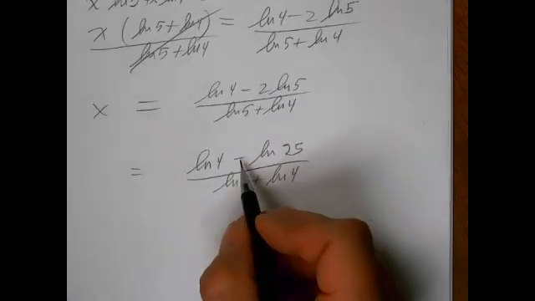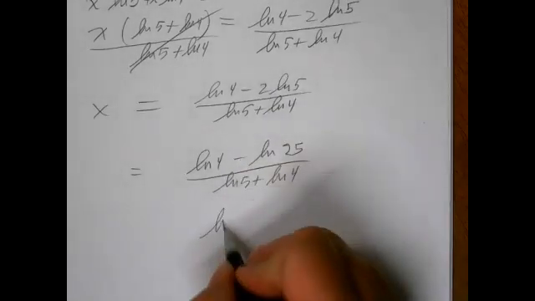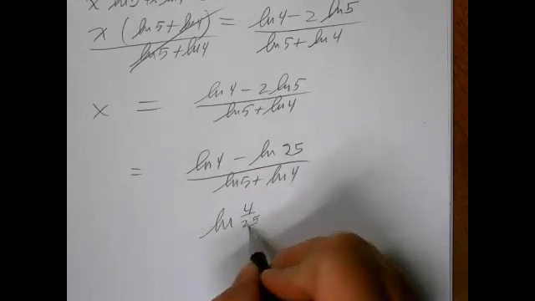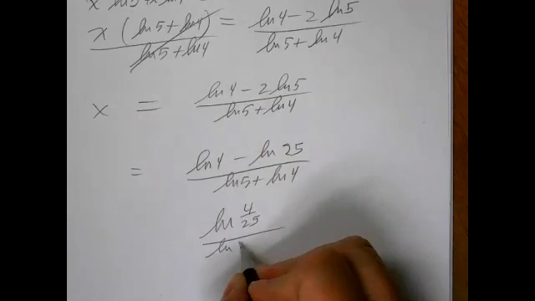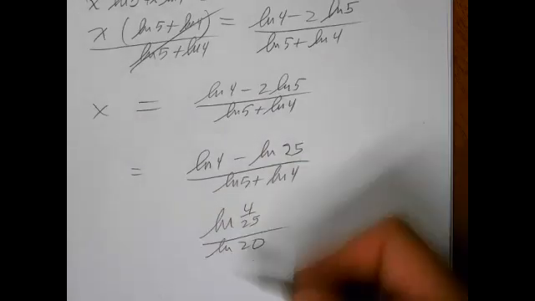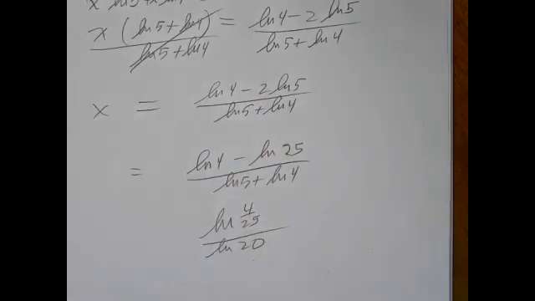Subtraction can turn back into division. Addition can turn back into multiplication. So here's just 3 ways that this answer can be written. It's impossible to predict exactly what you're going to see in the back of the book. So be prepared for different options.